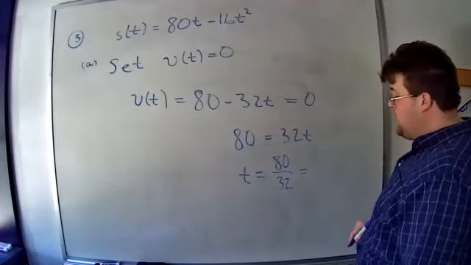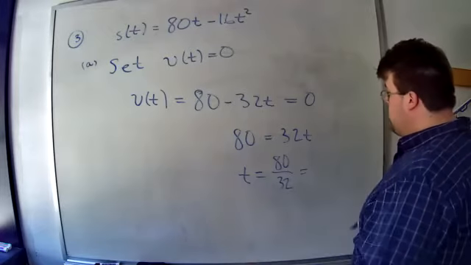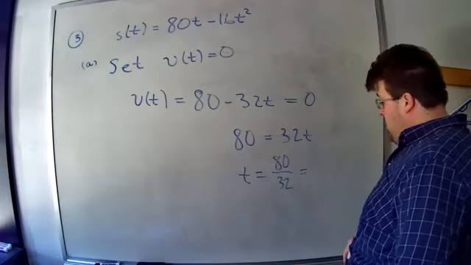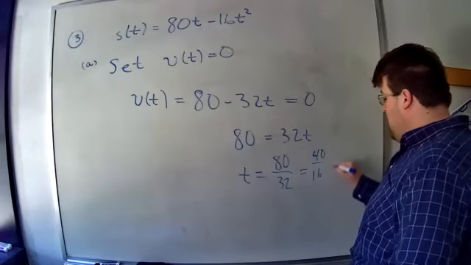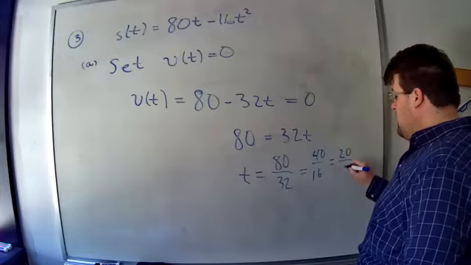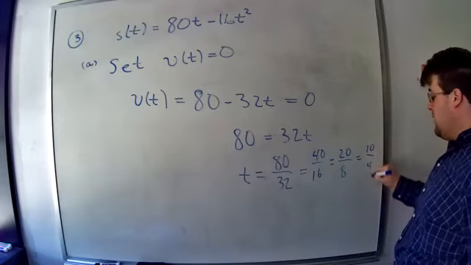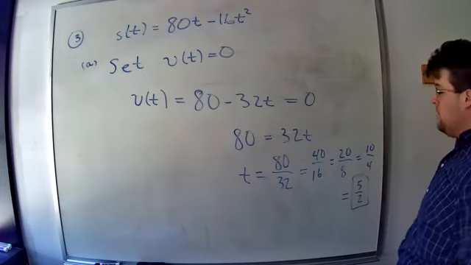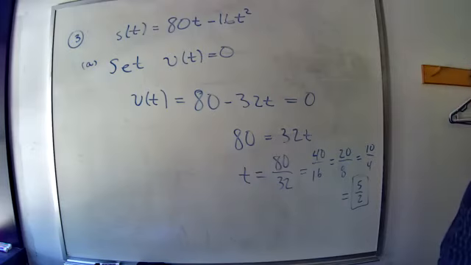Take a 2 off everything, 40 over 16. Take more 2's off, 20 over 8. Take another 2 off, 10 over 4. Take another 2 off, 5 halves, which you could have also done by taking a 16 off at the beginning.